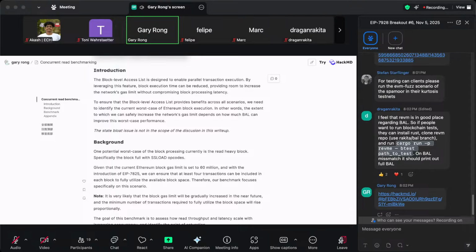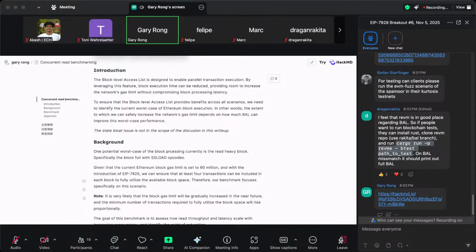One potential worst case I can imagine is a read-heavy block. The gas cost for the cold SLOAD is 2,100, and for the account access is 600. So with the current network gas limit, we can in theory have 28,000 SLOADs within a single block.